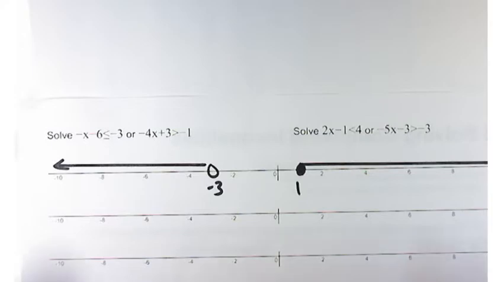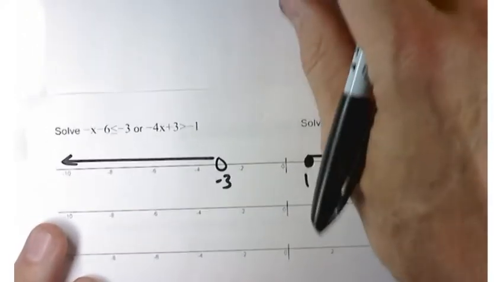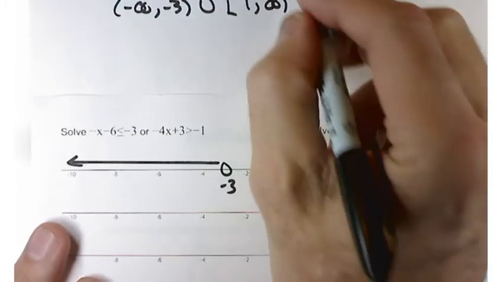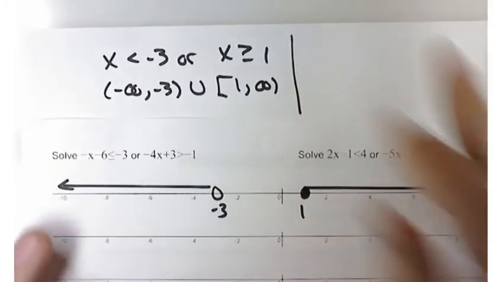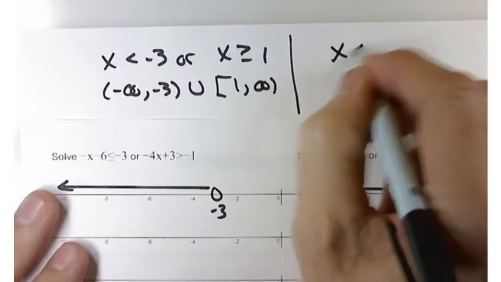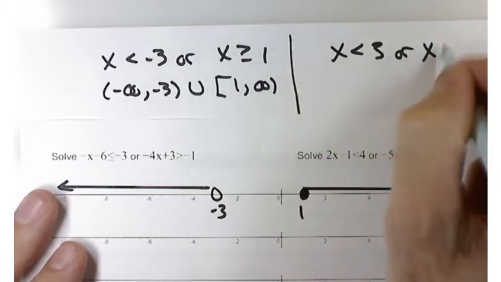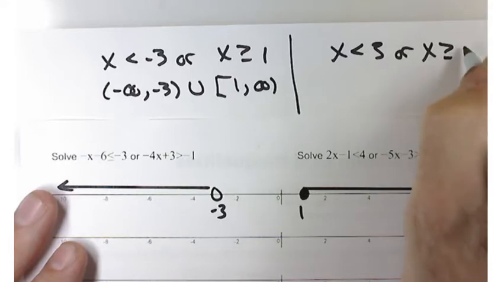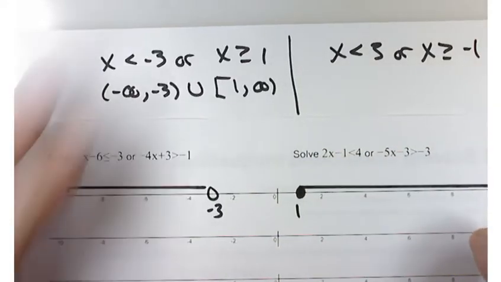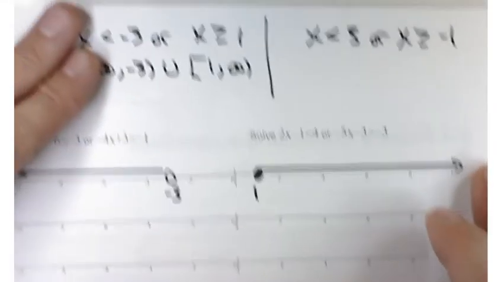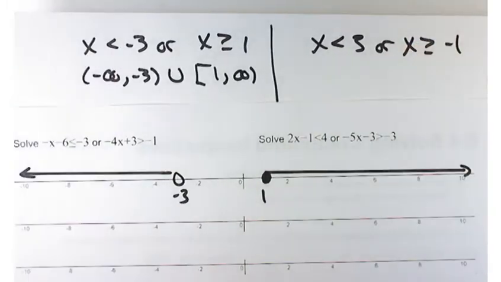Now, the original problem for this looked a little bit different. The original problem was x is less than 3 or x is greater than or equal to -1. So let's see how that would change things up. Again, you're looking for the union of these things. So x is less than 3.